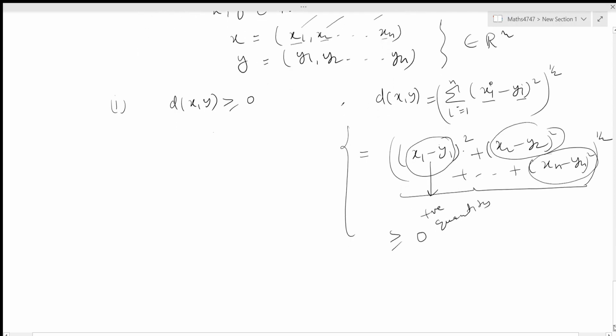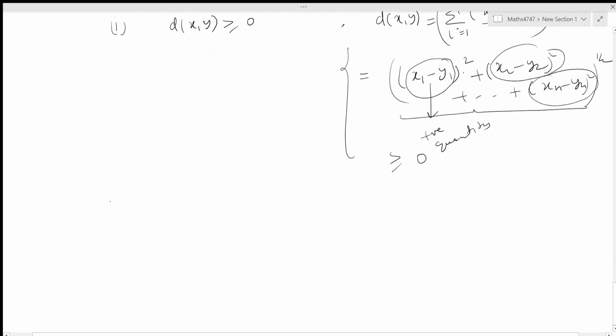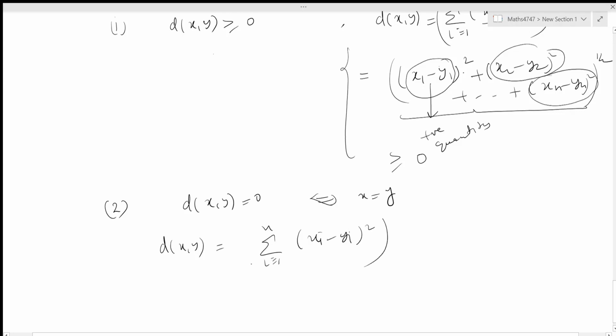Now the second one. We have to prove d(x,y) is 0 if and only if x is equal to y. Now what is d(x,y)? First of all, write down the definition: the summation of (xi minus yi) squared, whole to the power half. This is equal to 0.